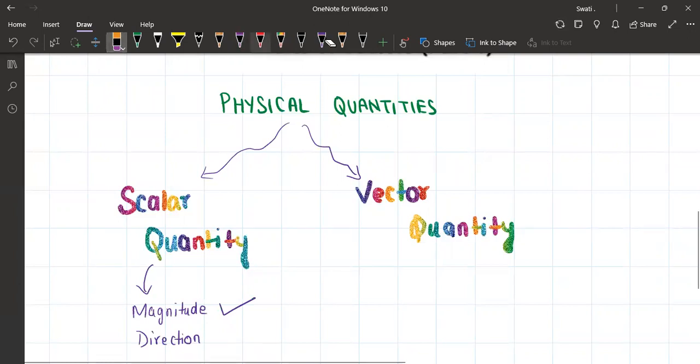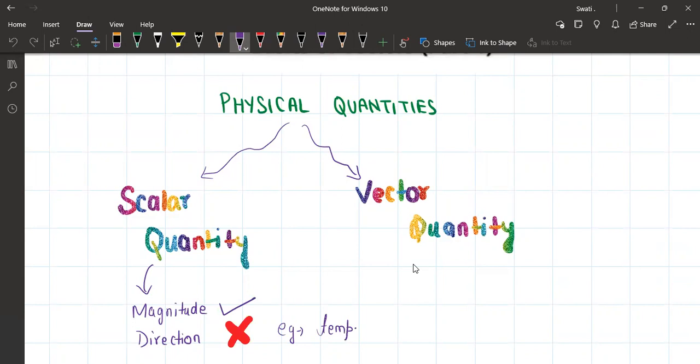For example, which quantity has only magnitude but no direction? Temperature, right? You can say that temperature is a scalar quantity. Why? Because temperature only has magnitude, like 25 degrees Celsius, 10 degrees Celsius, 40 degrees Celsius. It's just the magnitude that we are talking about.